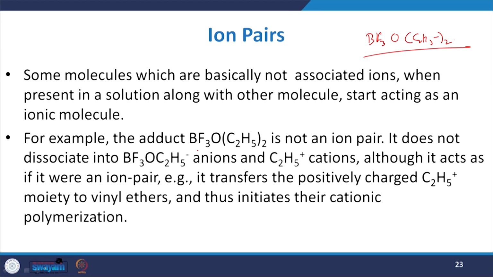This is not an ionic pair and it does not dissociate into BF3OC2H5 anions and C2H5 plus cations, although it acts as if it were an ionic pair. Now it transfers the positively charged C2H5 moiety to the vinyl ethers and thus initiates the cationic polymerization.